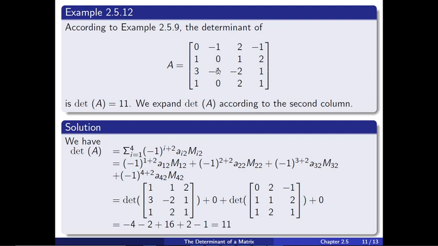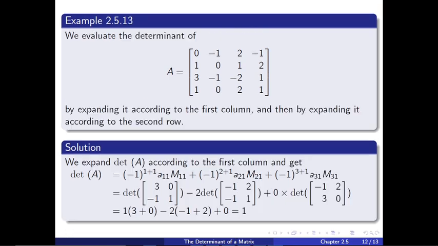The other two are zeros, so that helps with the calculations. And then if we do that, we get the same value 11. So you can just verify the calculations if they're okay.